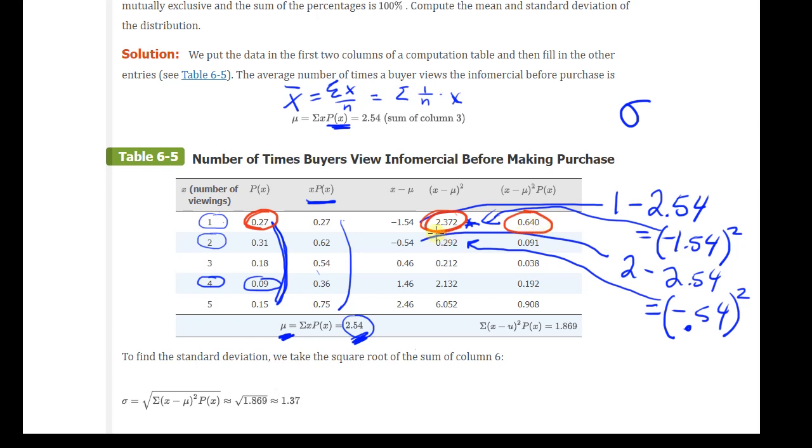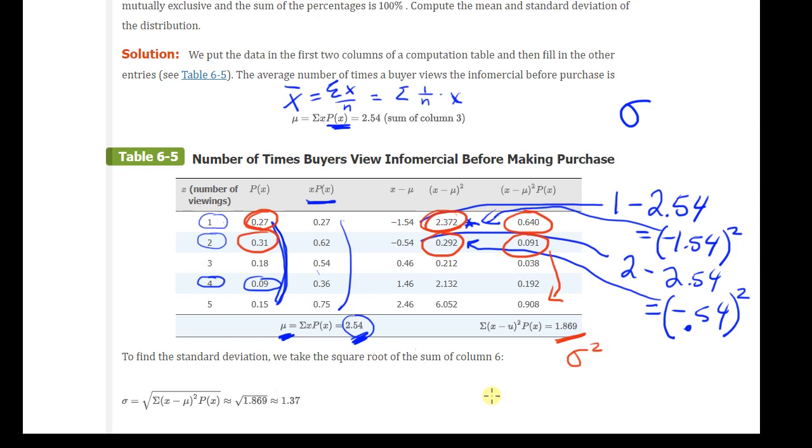Okay, again, 0.292 times 0.31 is 0.091. Okay, etc. Continue doing those calculations, then sum them all up. All right. That sum is the variance.